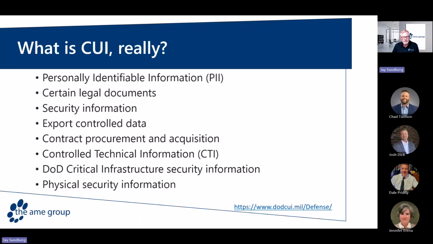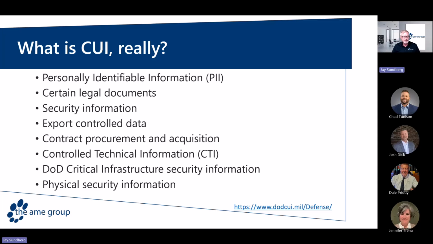This link does give you some good examples and some good labels for this information. Personally identifiable information and certain legal documents are specified in that link. Security information, your system security plan, is CUI. Your POAM, any of the vulnerabilities or deficiencies, your log data, all of that is CUI.